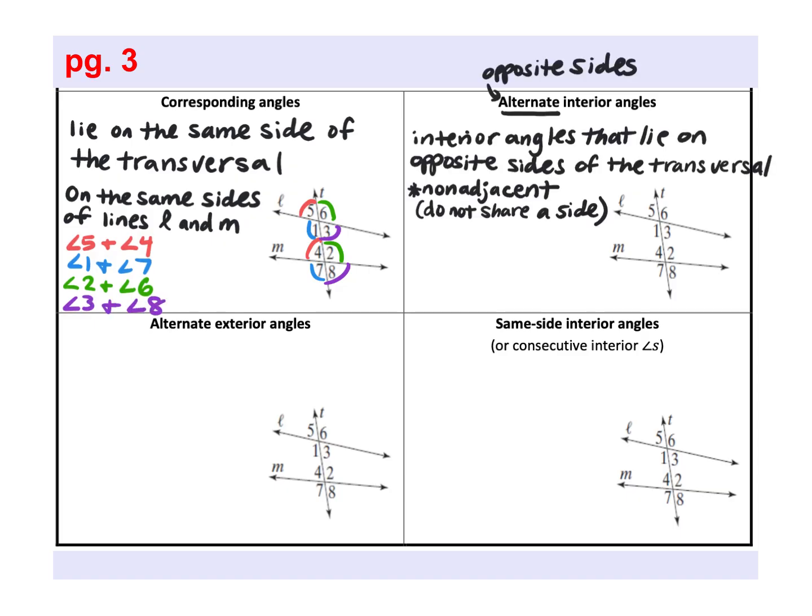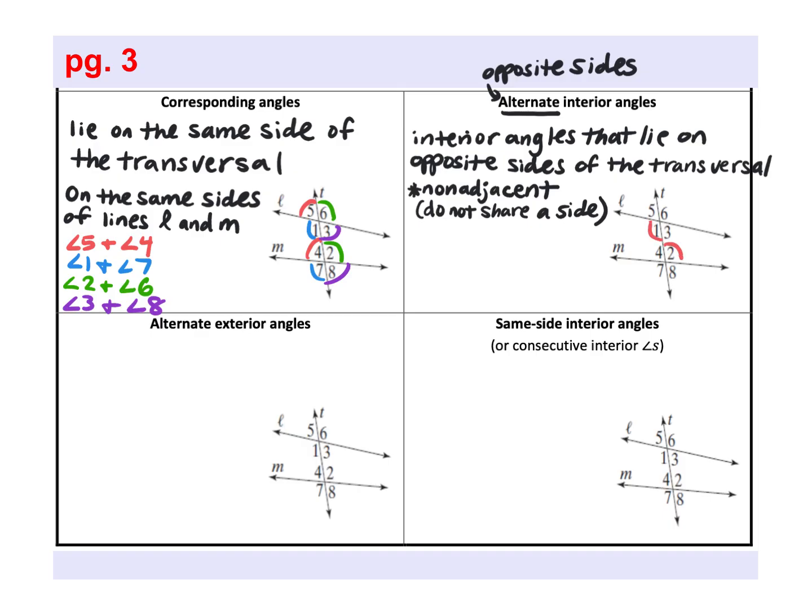Next, we have alternate interior angles. When you see the word alternate, think opposite sides of the transversal, and then interior, we know, means in between the two lines. So in our picture here, for alternate interior, we need to be between the two lines and on opposite sides of the transversal.